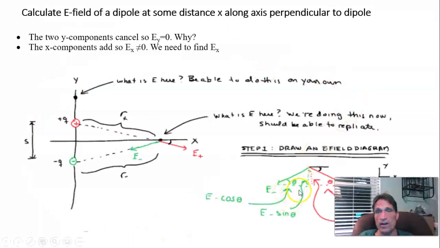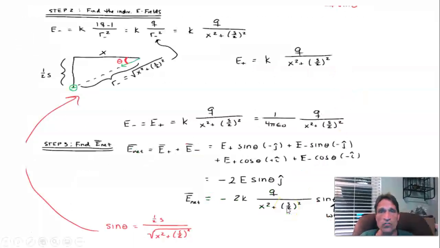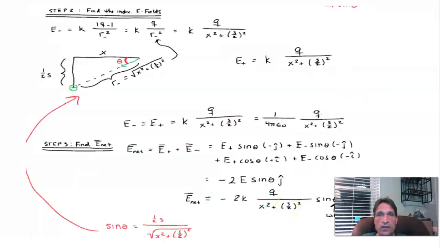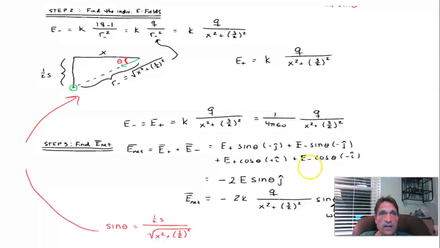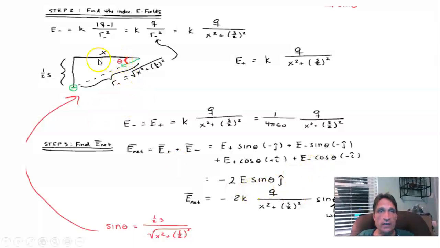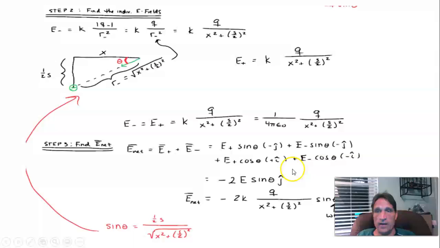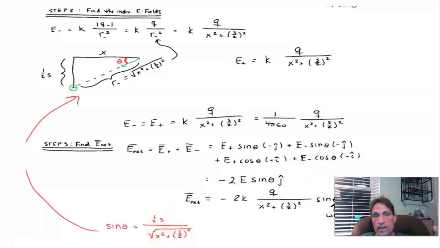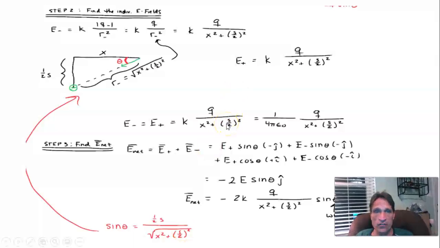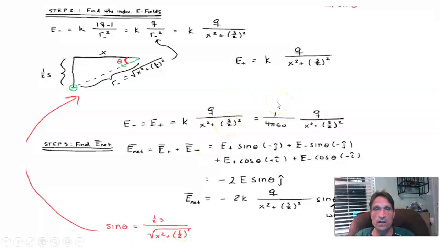Now we have to get what the sine and the cosine are. In this triangle, sine of theta is opposite over hypotenuse, and that is equal to 1/2 s over the square root of x squared plus (s over 2) squared.